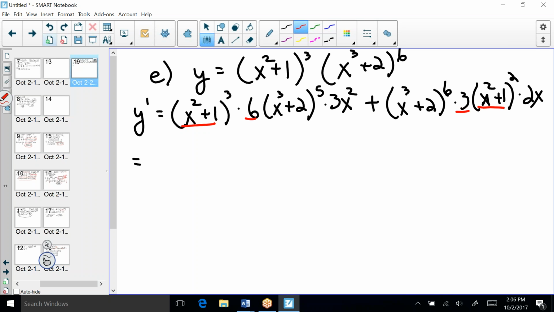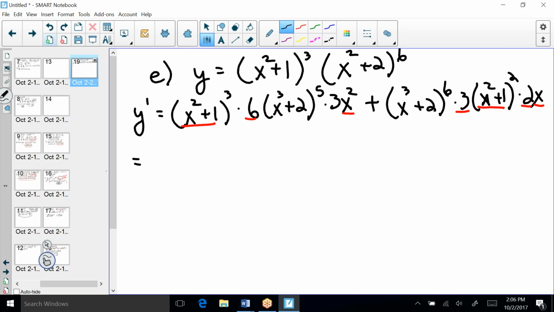We have a 6 here, and we have an x here, and we can factor out one of these x's here. I wrote this wrong in the beginning. This should be x squared plus 2. So let's fix that, x squared plus 2.